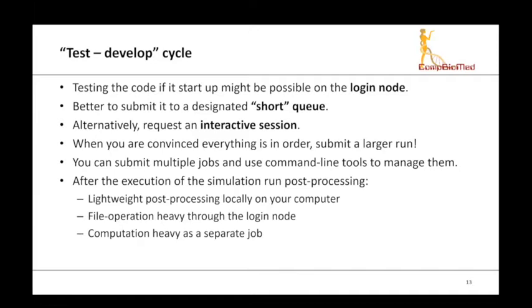Second, many people use it. So instead, if you want to try out something that is too large to run on your local notebook, there are designated queues for that on most HPC machines, usually called short or express queues. That means that you can submit your job the same as with a production run.